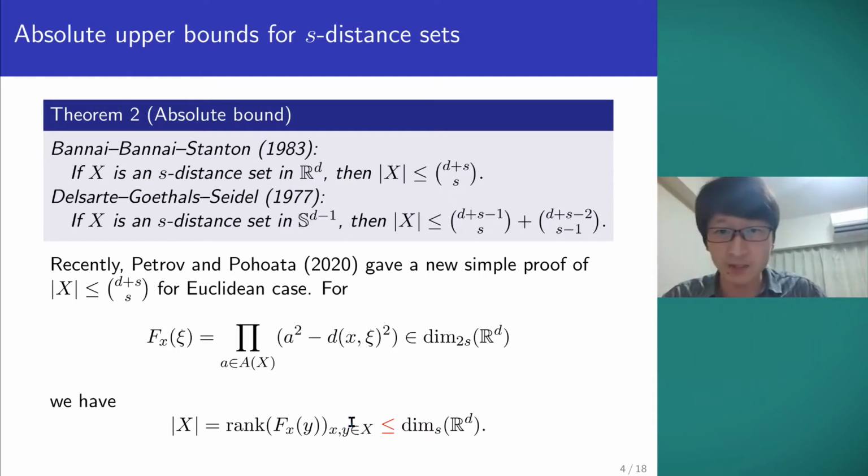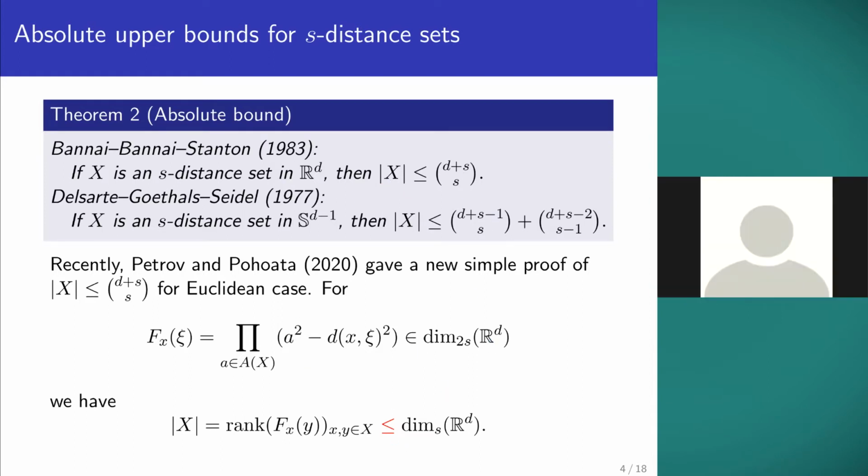This proof is very simple actually, and this inequality is proved by some theory of quadratic forms. Actually, the proof of Bannai-Bannai-Stanton is a little bit complicated, but this proof is very simple.